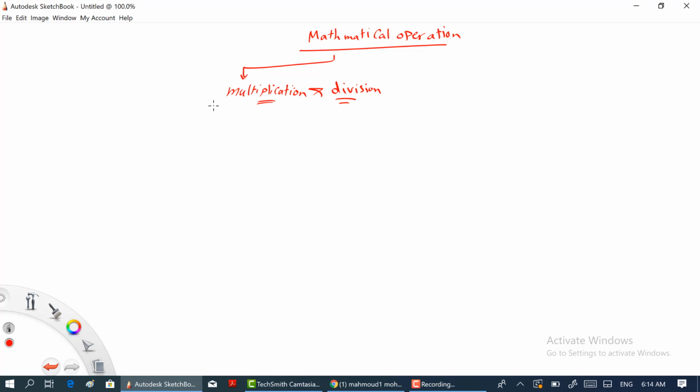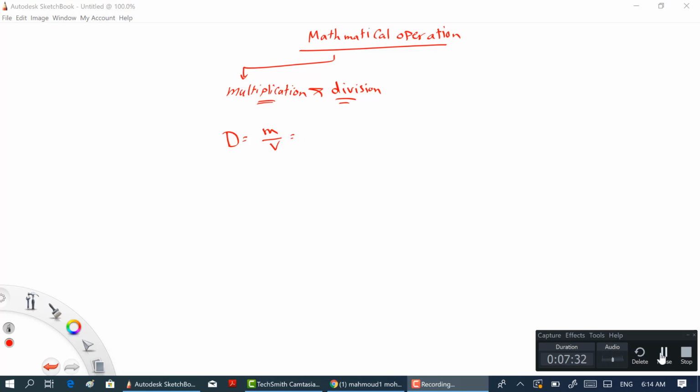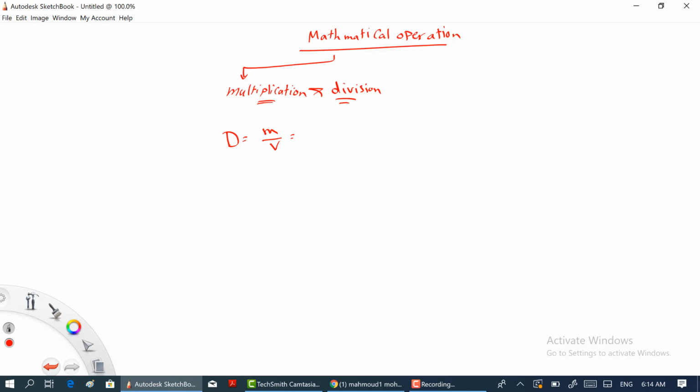In this case, like when we calculate the density, which equals mass over volume, let's take an example with numbers. I bring the problem for the density: 30 divided by 15. In this case, we find 2 significant figures and also 2 significant figures. For multiplication and division, the answer has the same significant figures.